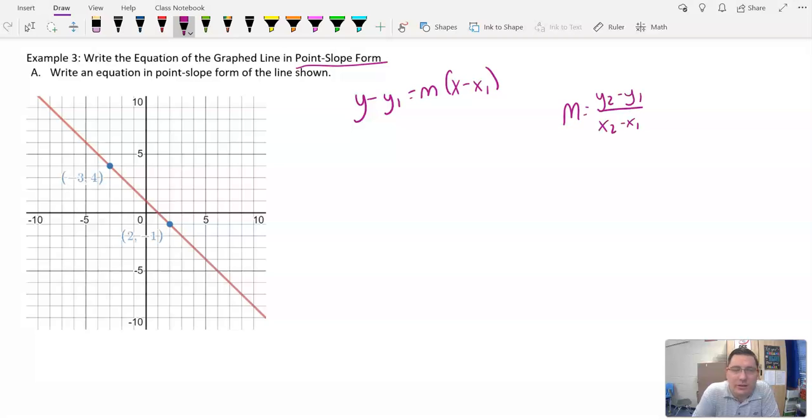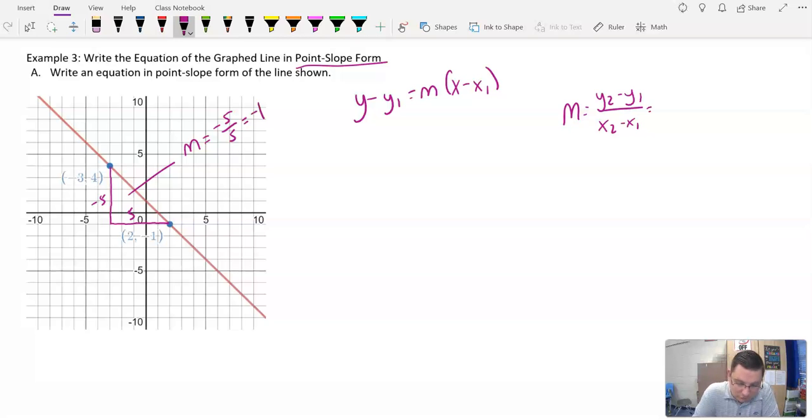of this line. Now, we could also go back to what we did in the slope section and see how far do we go down, how far do we go right. And so we're going to go down 1, 2, 3, 4, 5. So we're going down 5. We're going 1, 2, 3, 4, 5. We're going right 5. And so my slope would be negative 5 over 5, which is negative 1.